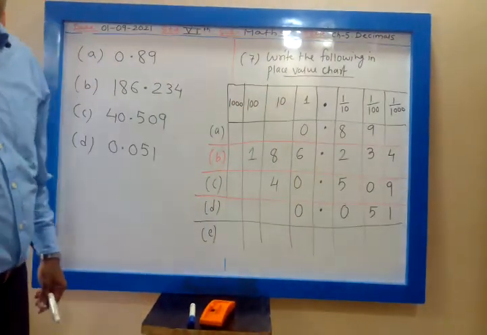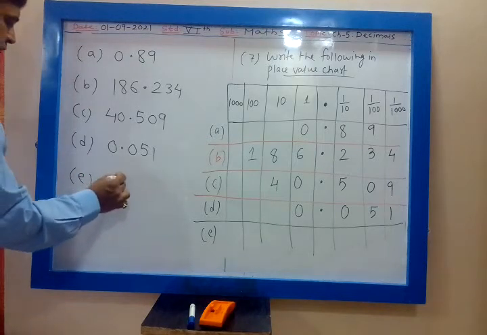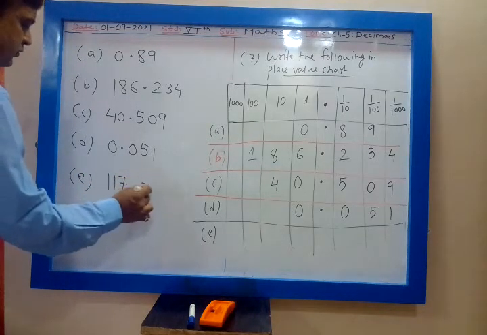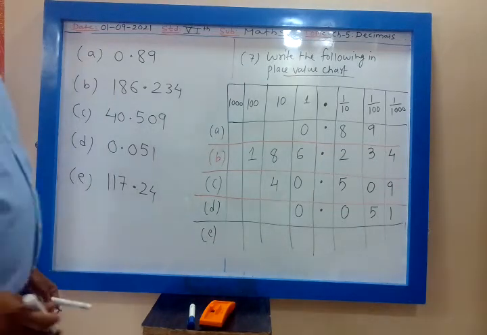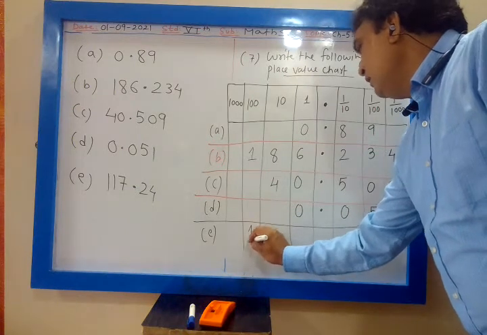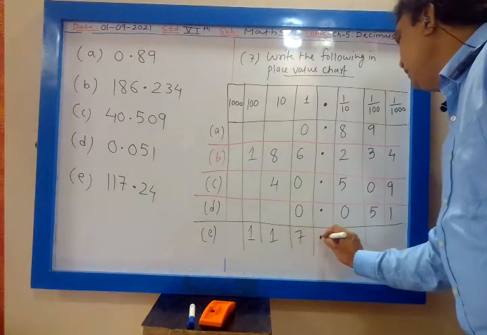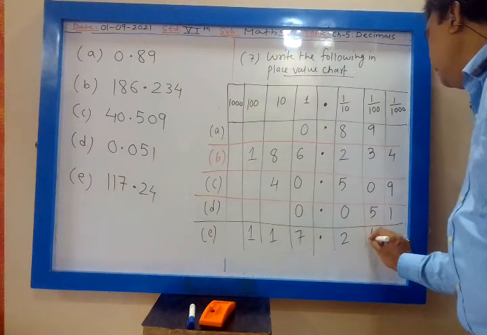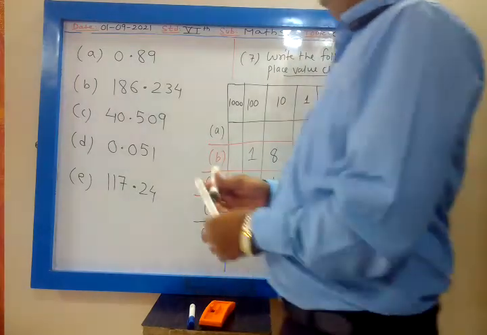E is 117.24. The 1 is at the hundreds position. So 117.24. Yes, this is the answer.